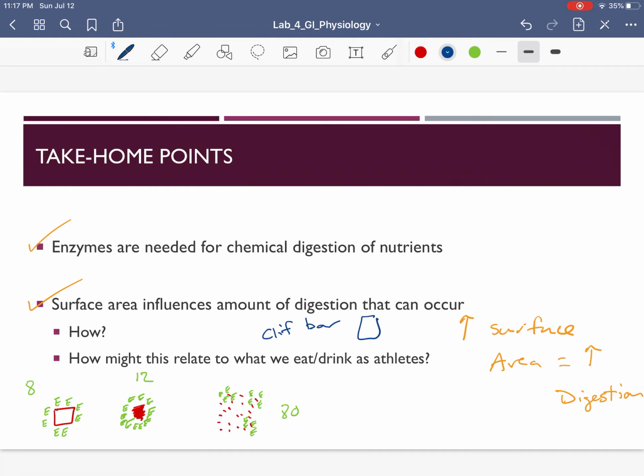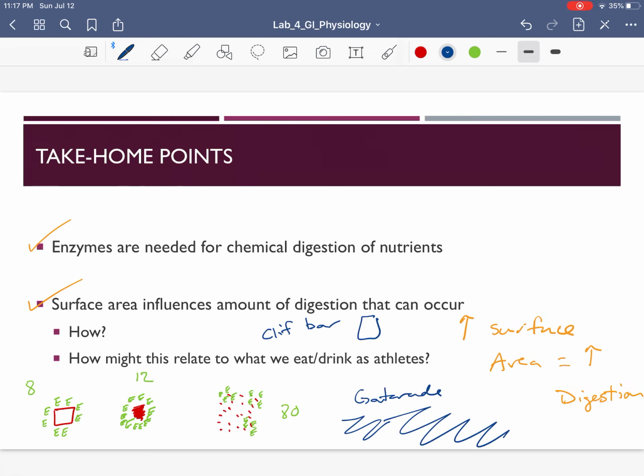But what if I'm in a race, or you're a football player, or a soccer player? Let's take soccer. It's overtime. You've got 10 minutes left in the overtime period, and you want the quickest energy available. You probably wouldn't want the Clif Bar. You'd probably want something like Gatorade. Gatorade is a fluid, so it's got a ton of surface area.